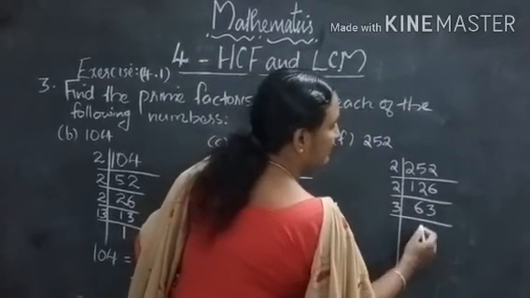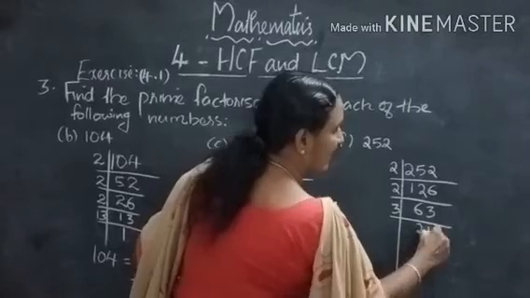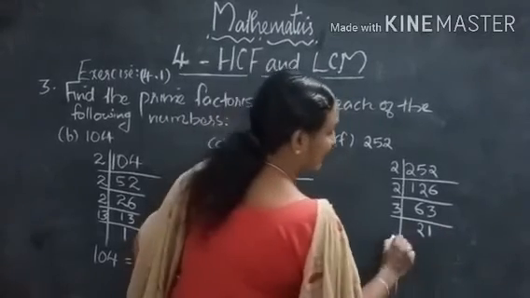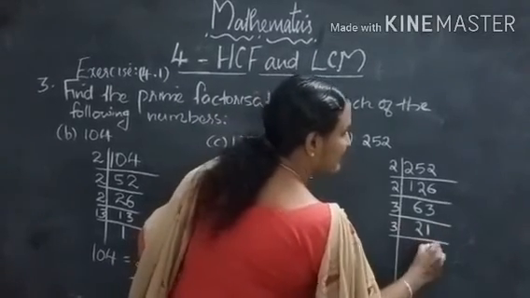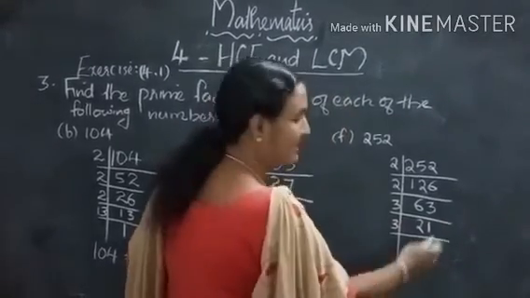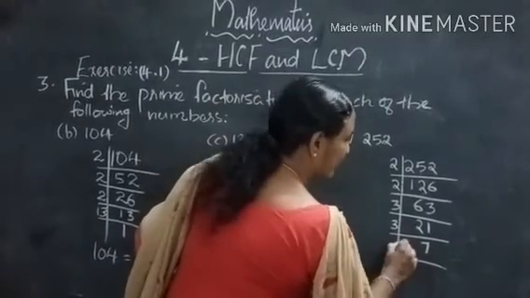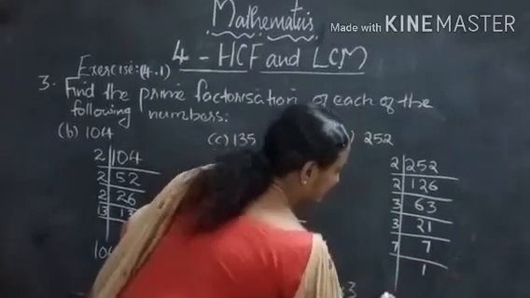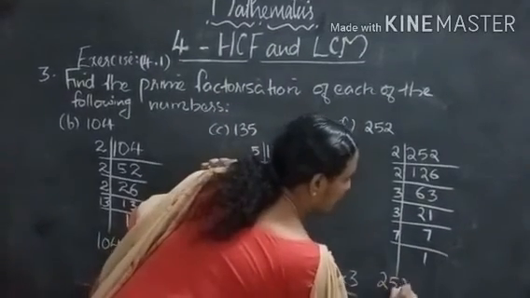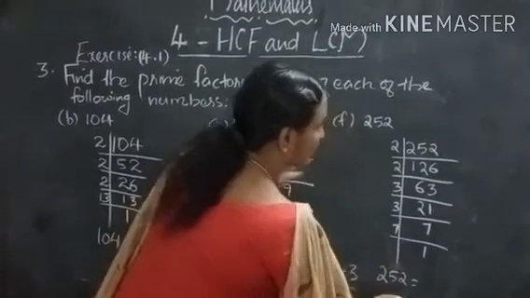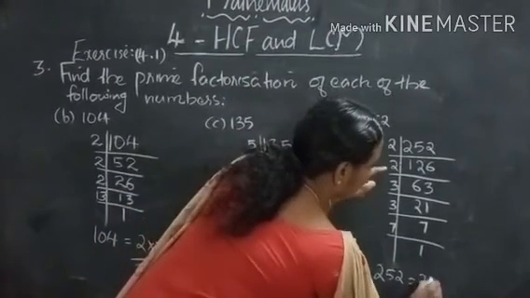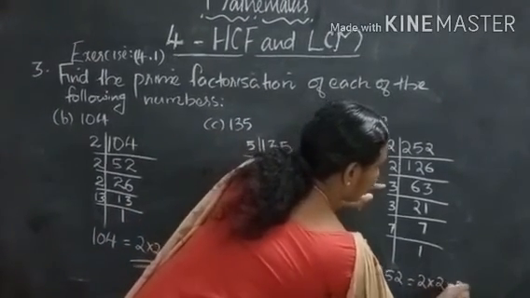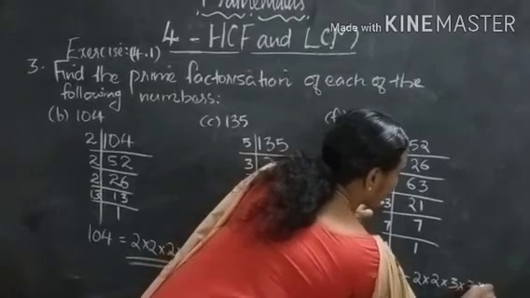Again 3, 2 3s are 6 and 1 3s are 3. Again 3, 7 3s are 21. 7 is a prime number, so take outside 7, 1. So the prime factorization of 252 is equal to 2 into 2 into 3 into 3 into 7.